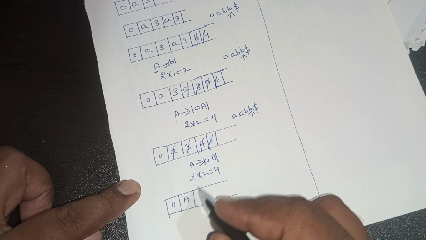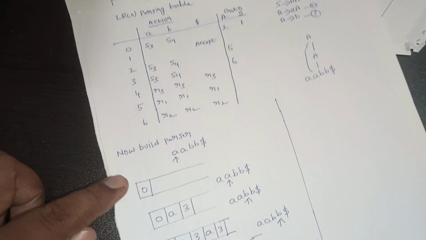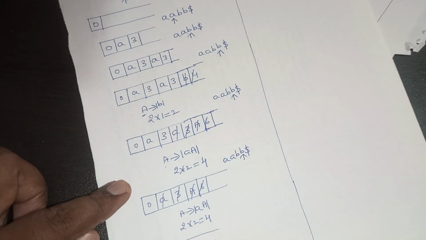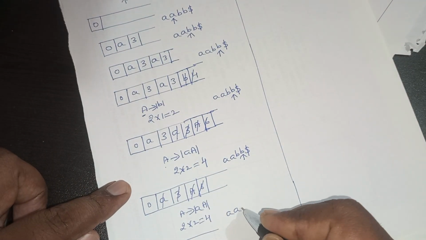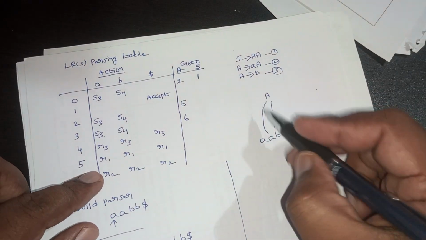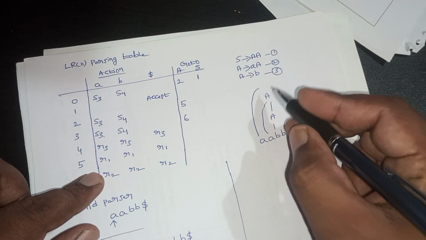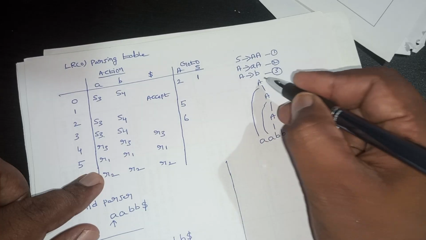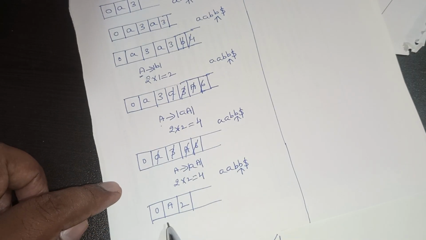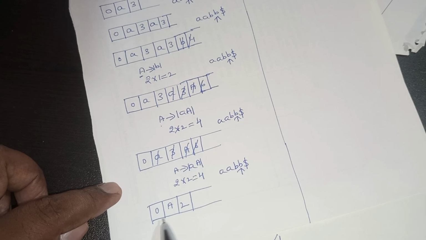So what is 0 on A? It is 2. So 2, A B and then dollar. You have to reduce the tree, so this A and then this A to that A. You have to write what is A on 2.